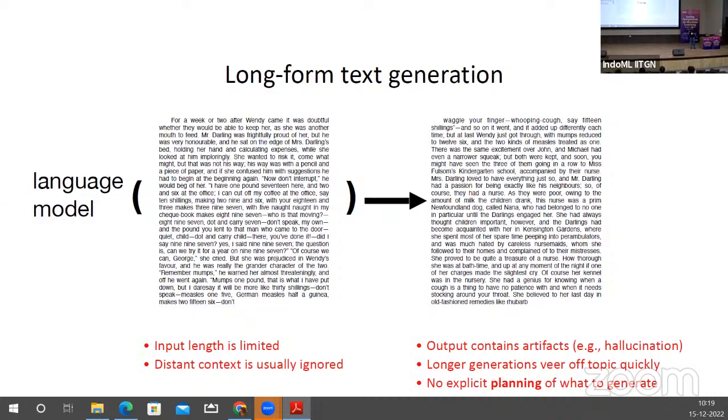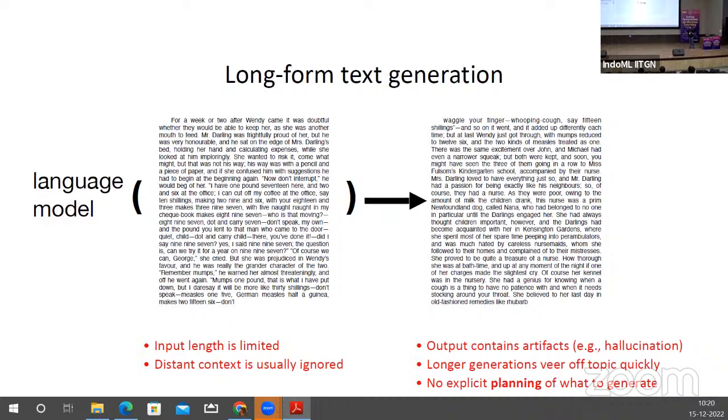So we've found that these language models tend to ignore a lot of the distant context when they are processing an input. On the output side, similar to what we saw in the previous talk, there are many issues with the outputs of these language models, and these only increase as you generate more and more words. So we observe things like hallucination, repetition of phrases or sentences.